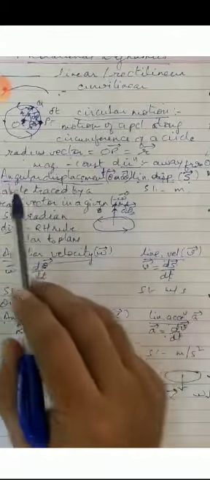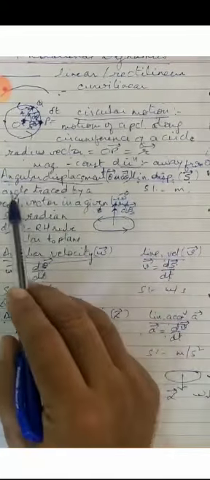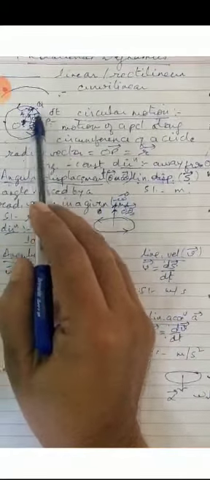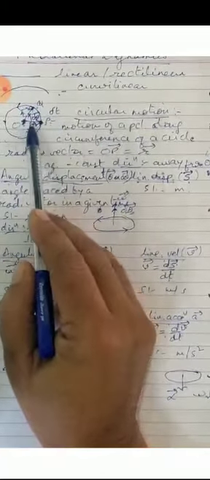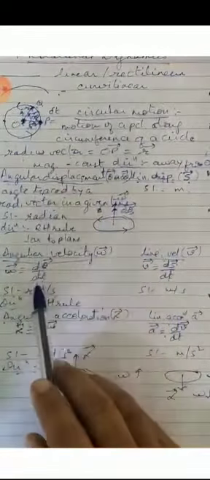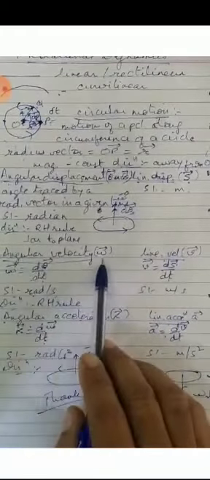So angular displacement is nothing but the angle traced by a radius vector in a given interval of time. Initial position is P, final position is Q, and within this much time delta T, it covers an angle delta theta. So this delta theta is angular displacement. Then secondly, angular velocity.